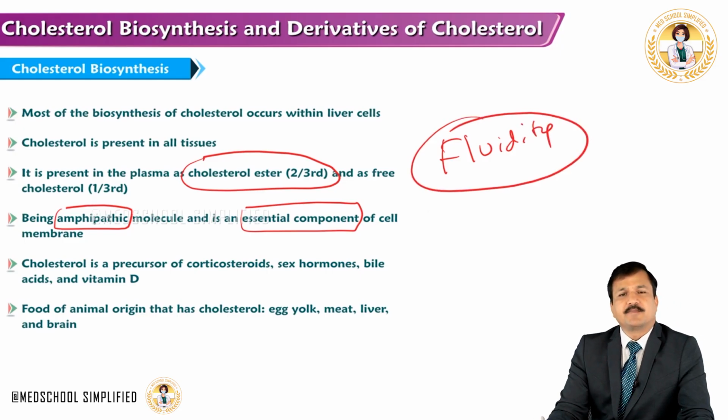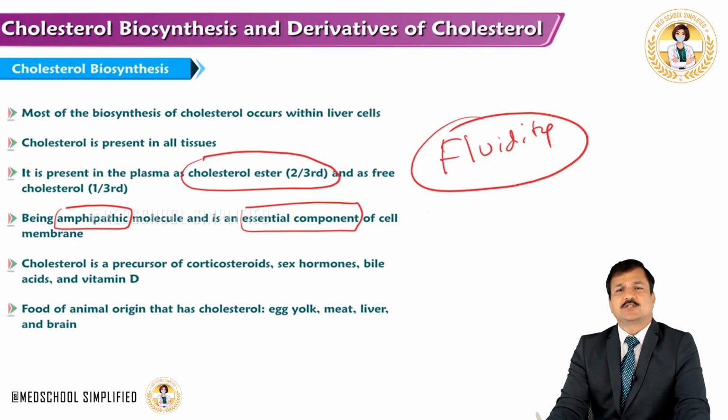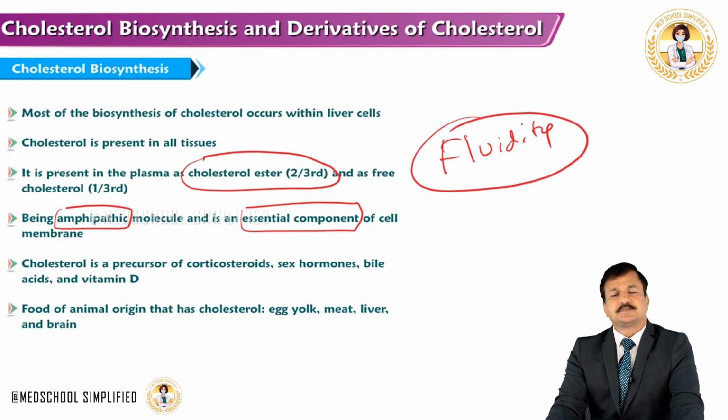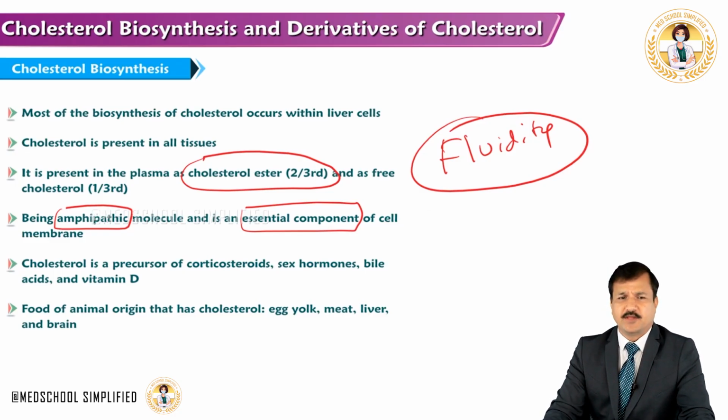Membrane fluidity is maintained by cholesterol. That means cholesterol does not allow the membrane to become too rigid or too fluid. By doing so, cholesterol is going to regulate the permeability of the membrane, and that's one of the important functions of cholesterol in our cell membranes.